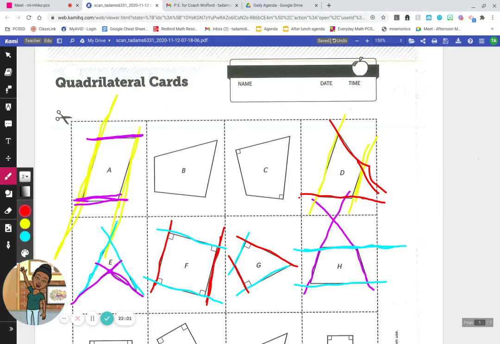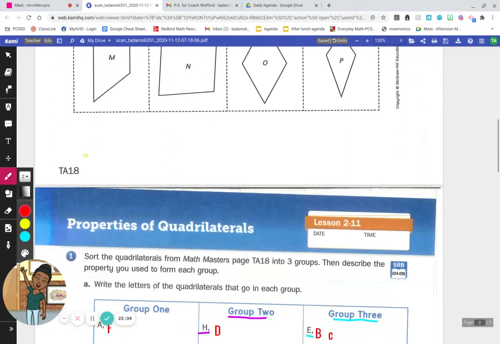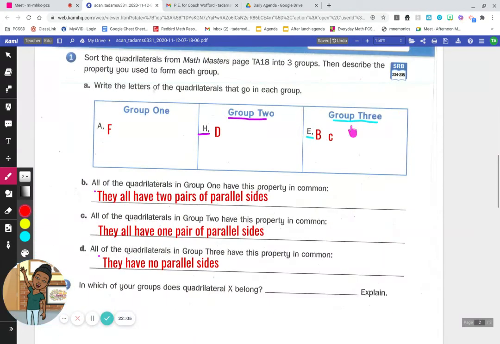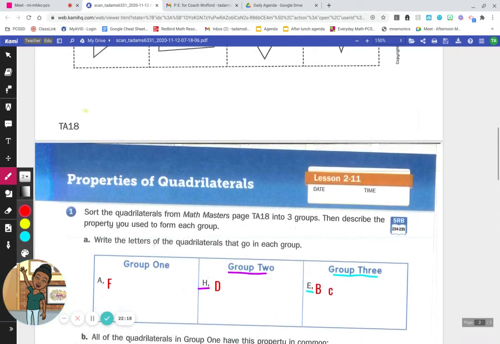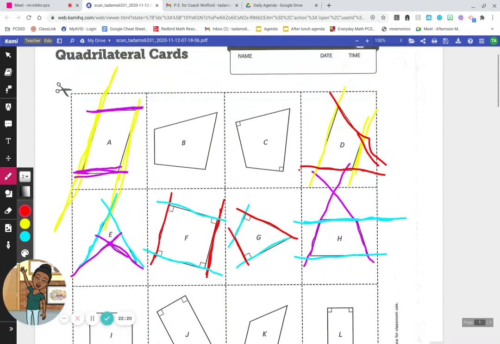So looking at this quadrilateral, ask yourself, are there 2 pairs of parallel sides, 1 pair of parallel sides, or no pair of parallel sides? Then you're going to go down and put it in the right group. Group 1, 2 pairs of parallel sides. Group 2, 1 pair of parallel sides. Group 3, no parallel sides.